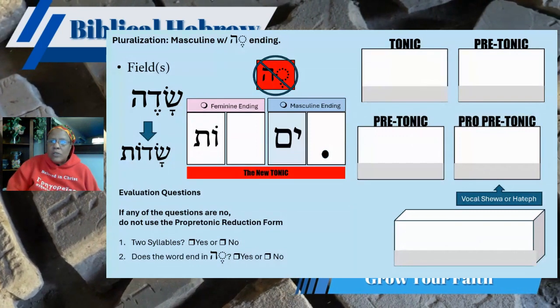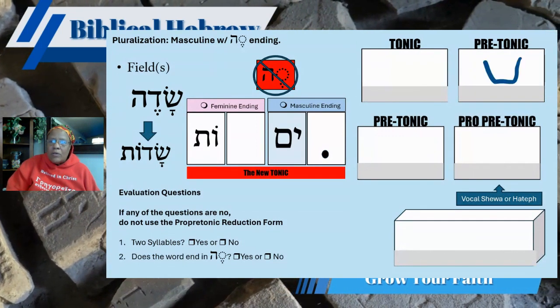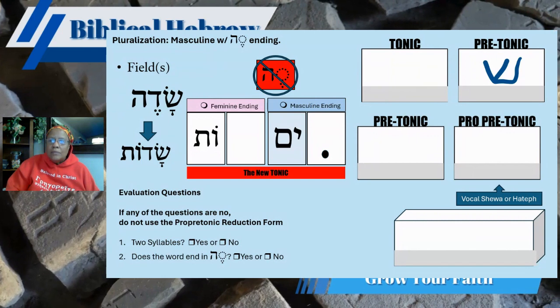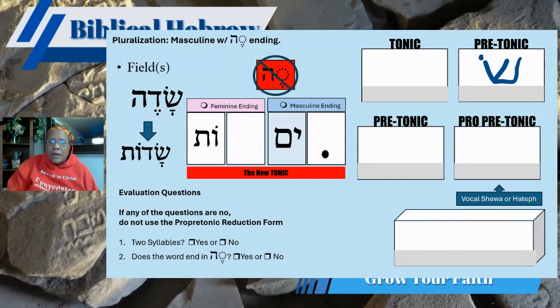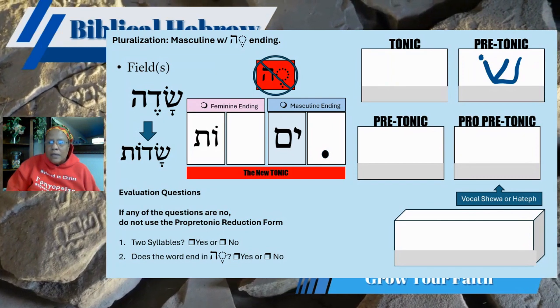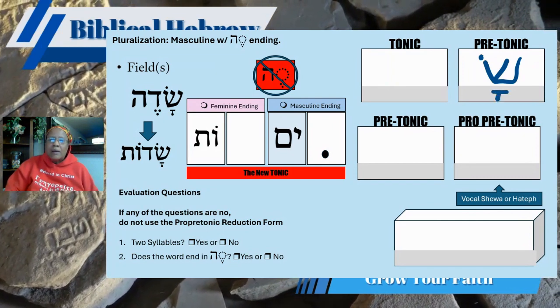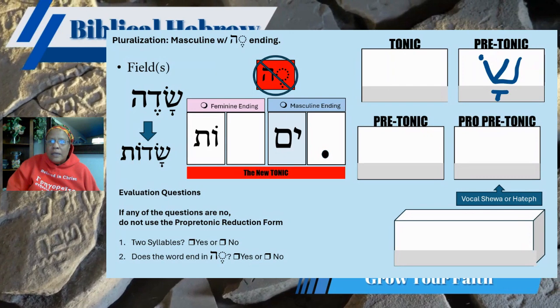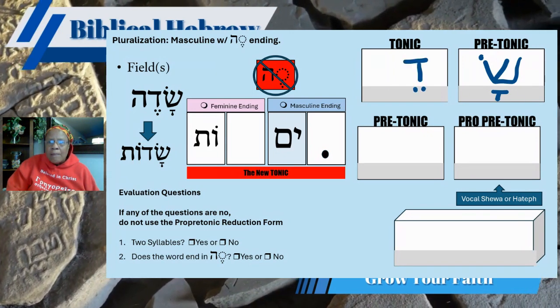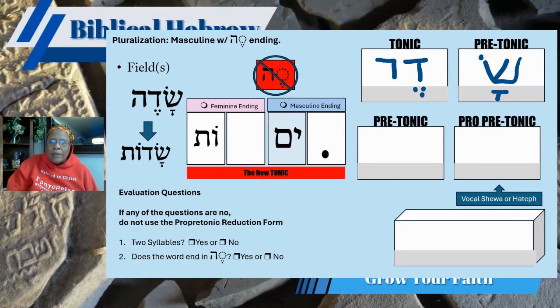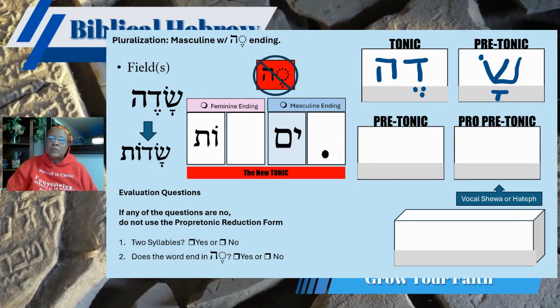So the first thing we do is we write down our sin, and it is with a kametz. Then it has your dalet with a Segohe, right? And that's our telltale sign.